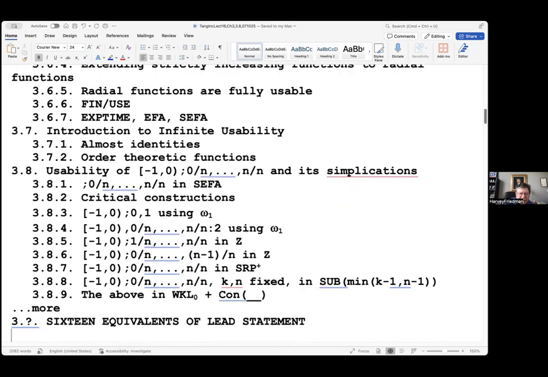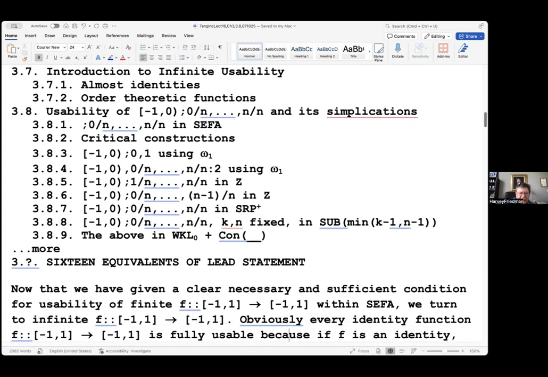We already did this stuff about introduction to infinite usability. Actually, that's been upgraded and perfected. Also, in the downloadable manuscripts, you'll find 3.7 has been updated and perfected. Basically, there are two approaches, if you remember, to infinite usability.